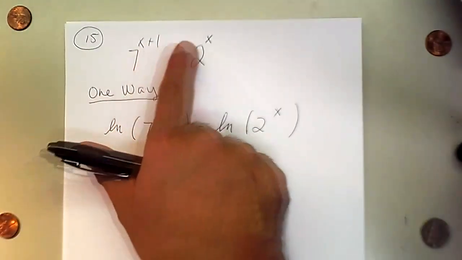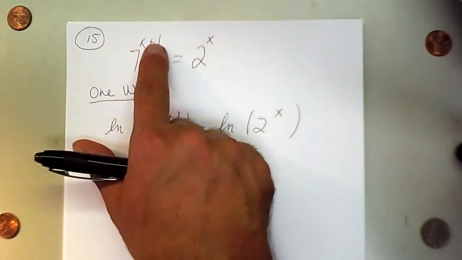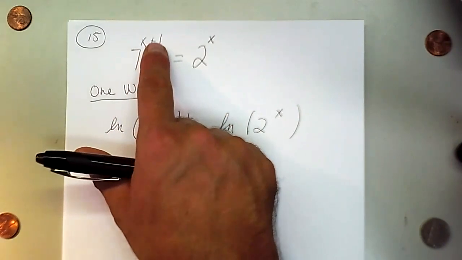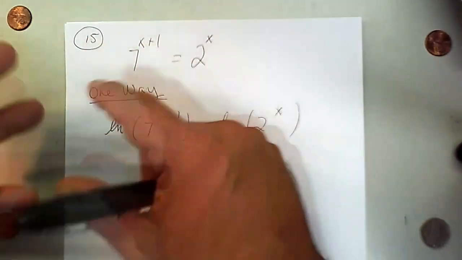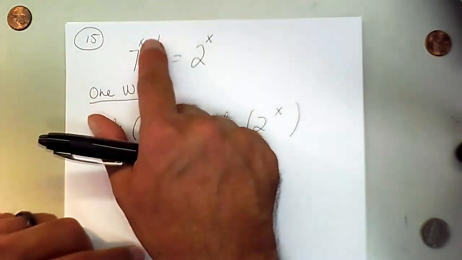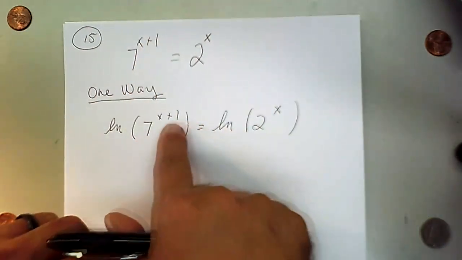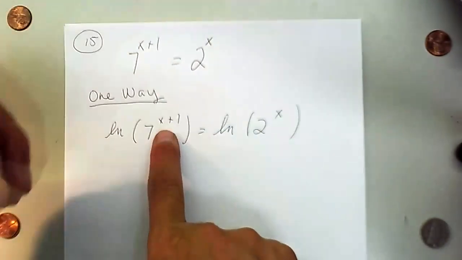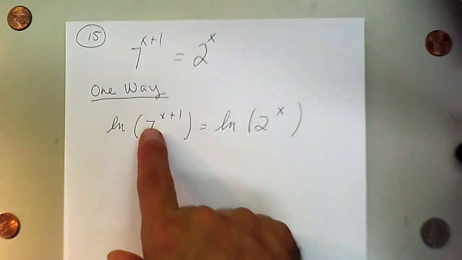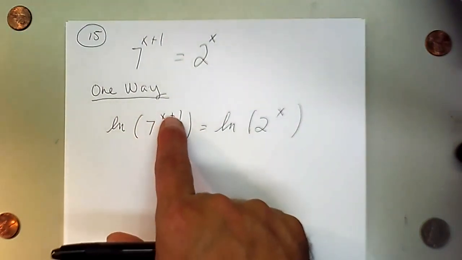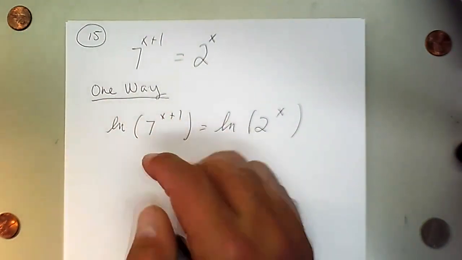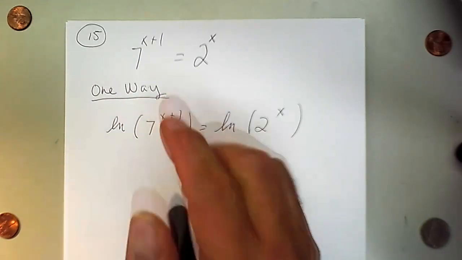See, solving for x is not easy when we have the x as exponents. It's not like we can multiply or divide or subtract or add. We have to use logarithms, because then property number 3 of logarithms, of the properties we started out this video with, says that we can put this as a factor and no longer as an exponent.